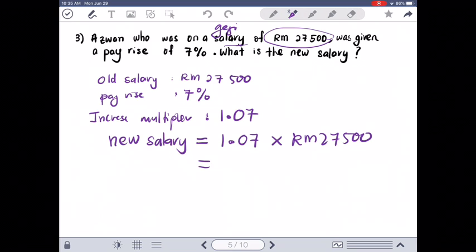You can just press your calculator. You should get RM 29,425.